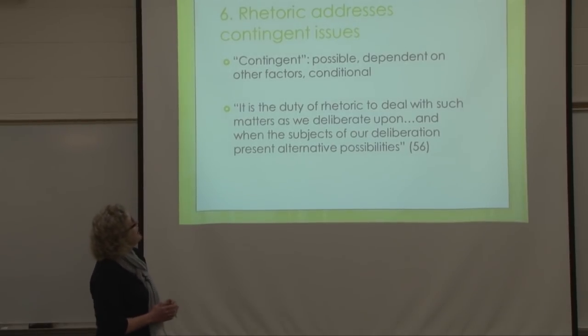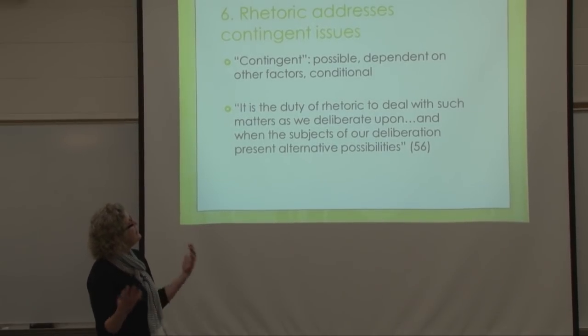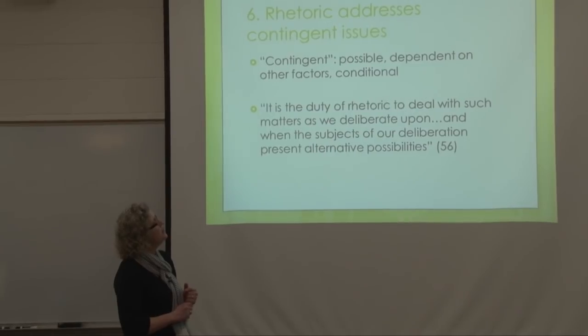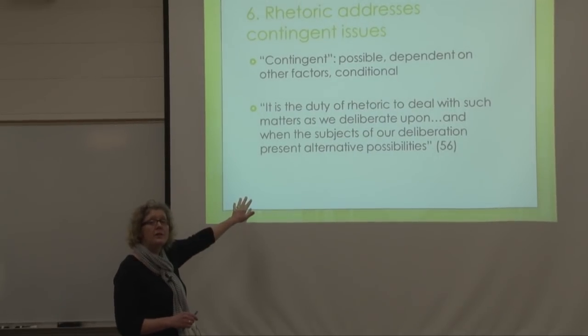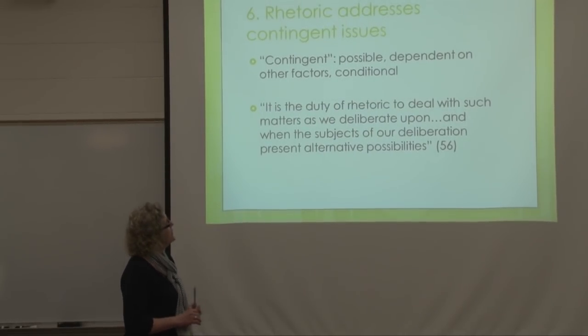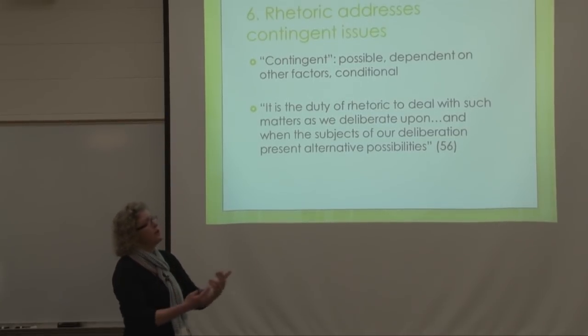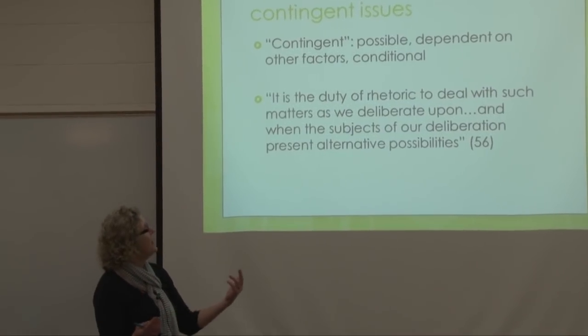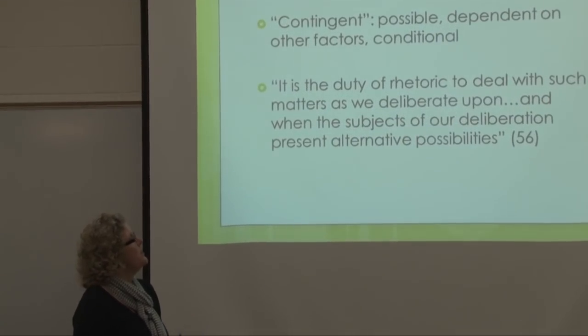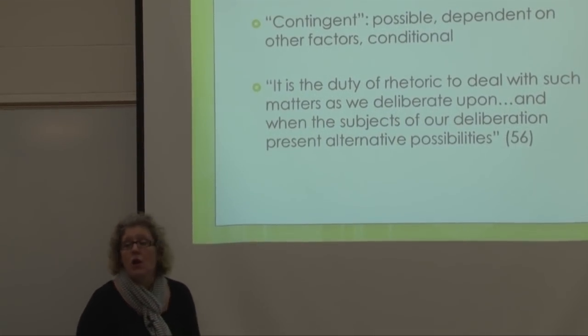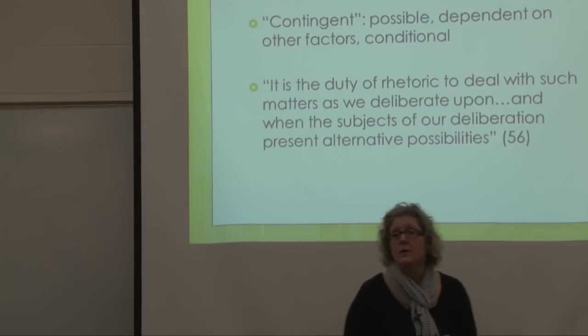Herrick writes, it's the duty of rhetoric to deal with such matters as we deliberate upon. This is actually Aristotle. He's quoting Aristotle here. It's the duty of rhetoric to deal with such matters as we deliberate upon, and when the subjects of our deliberation present alternative possibilities.